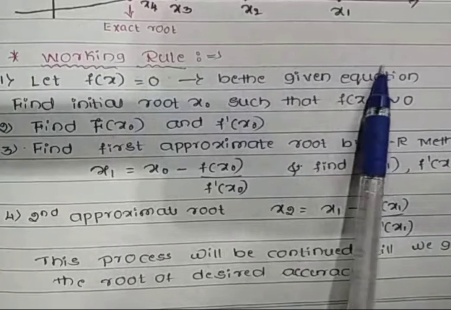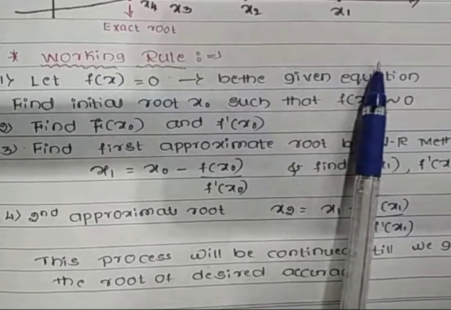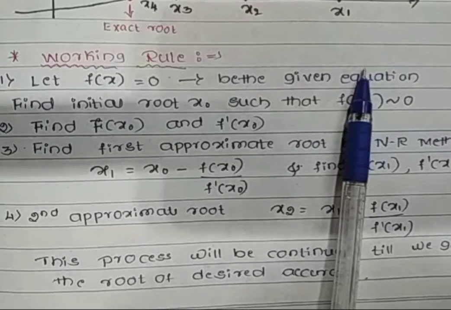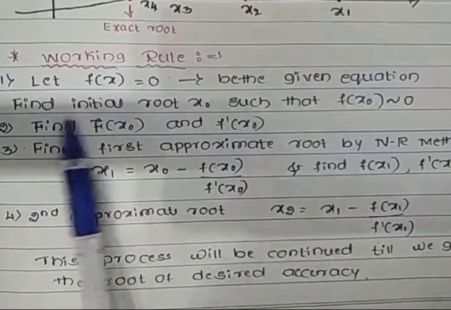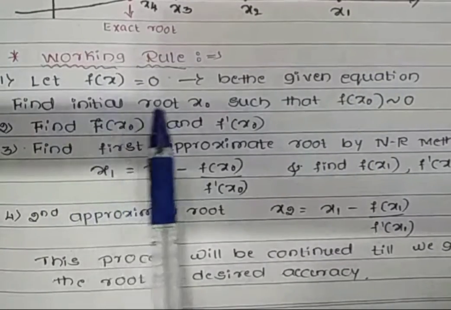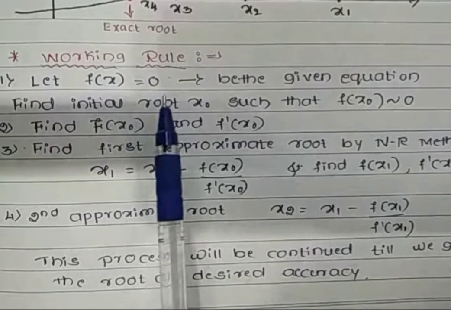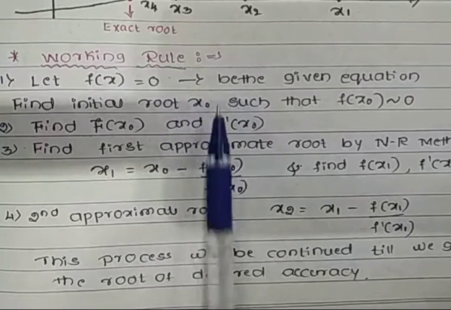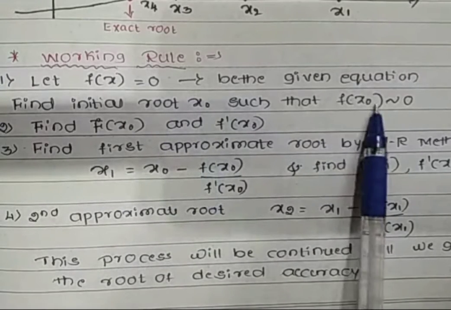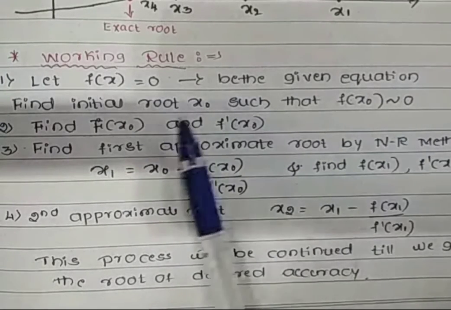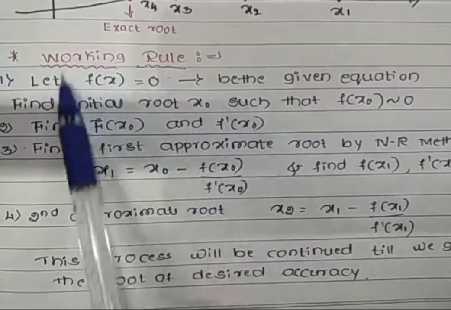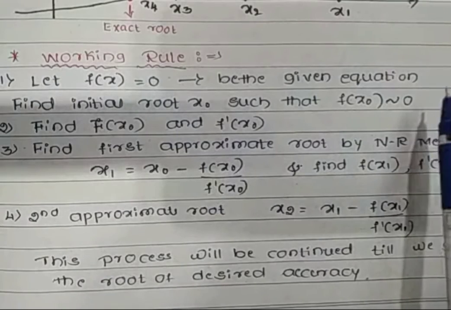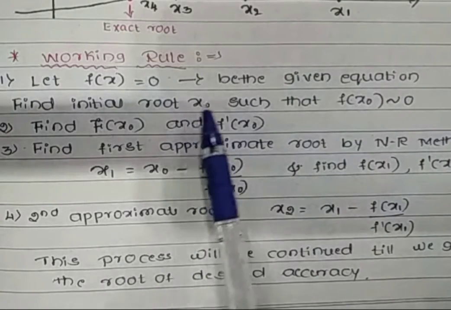Then, for this given equation, we have to consider its first approximate or initial root, that is x naught. See how we have to consider this x naught: f of x naught should be near to 0, means when we substitute this x naught value in this function, the value should be near to 0. In that way we have to select this x naught.